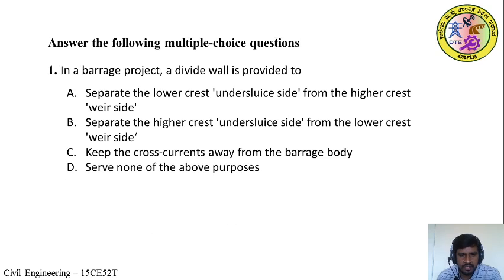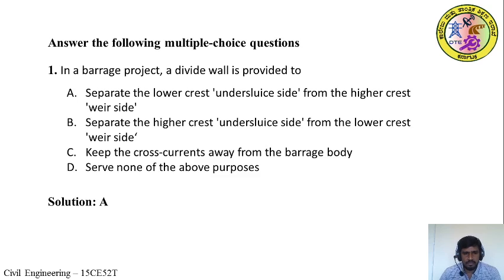Another option, it serves none of the above purpose. Dear students, please answer this. Okay, let's see the answer. Option A, it separates the lower crust undersluice side from the higher crust weir side.